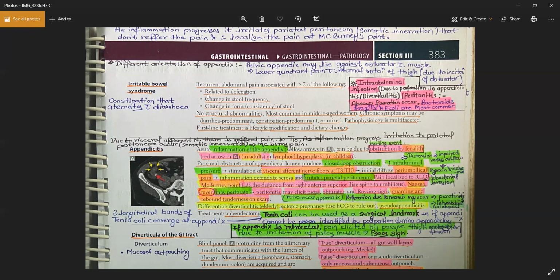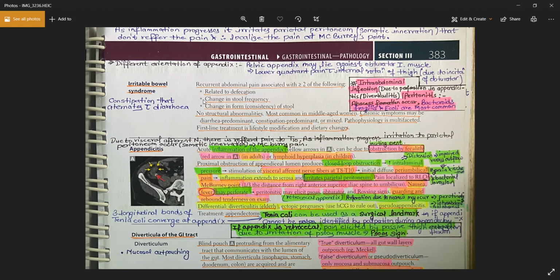First thing, the patient will have a recurrent pain which is related to defecation. Whenever the patient is trying to defecate, he or she will have the pain, and as soon as they are done with the defecation, the pain will be over, right? So it would present as an abdominal pain that happens during defecation.